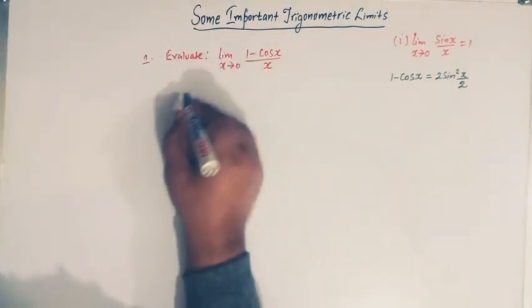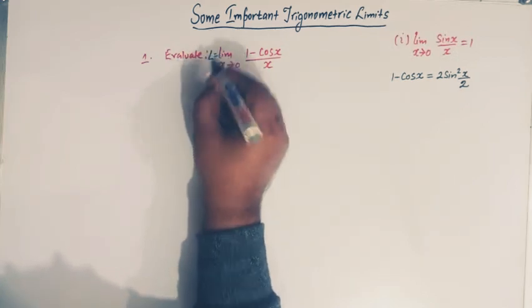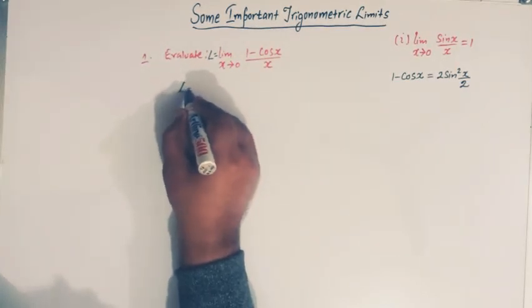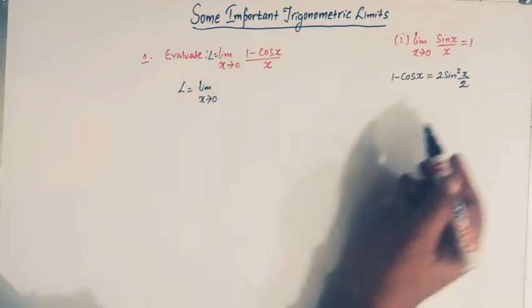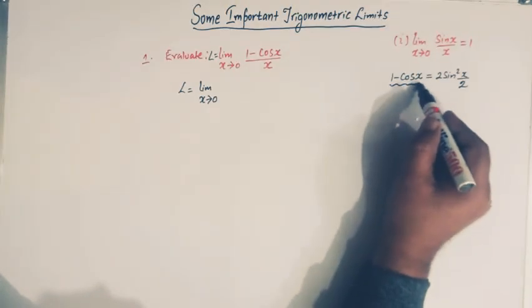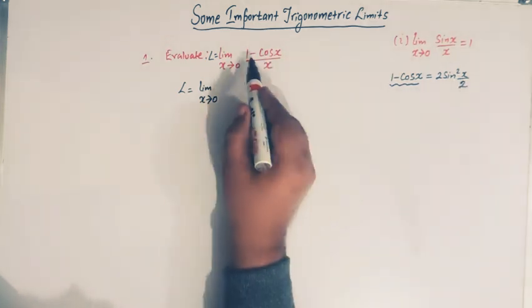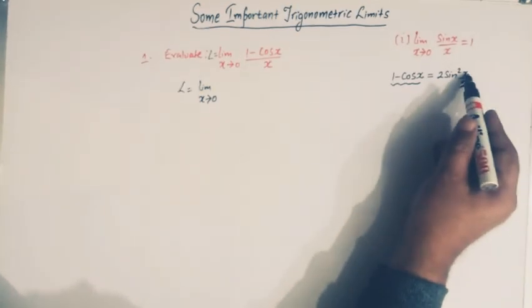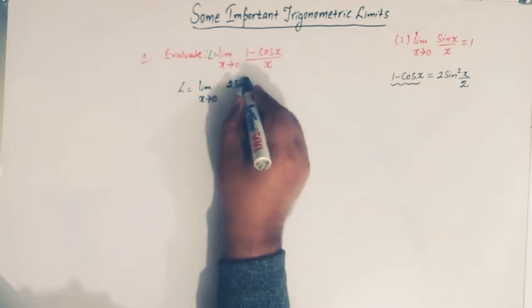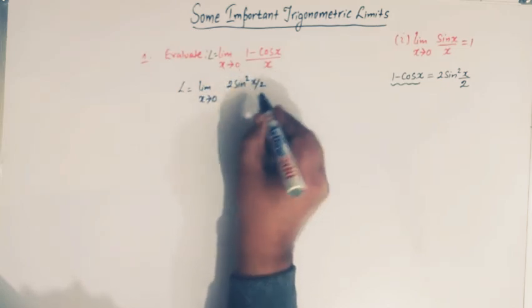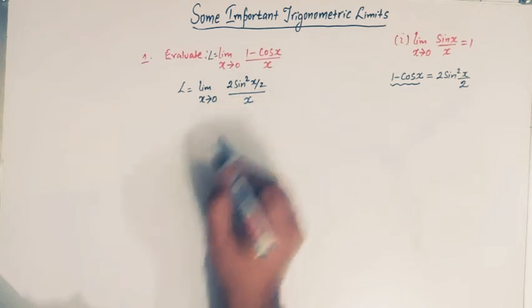So let L be the limit. L is equal to limit x tends to 0, and for 1 minus cos x we can substitute 2 sine square x by 2. So here we substitute 2 sine square x by 2 divided by x.